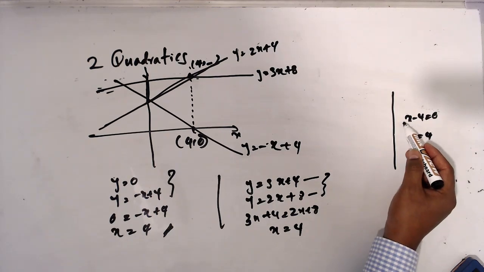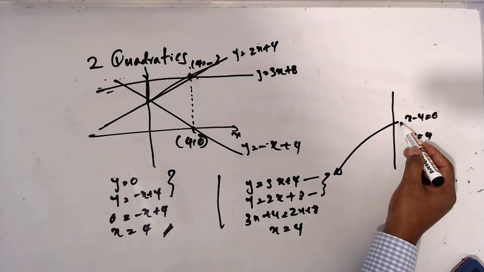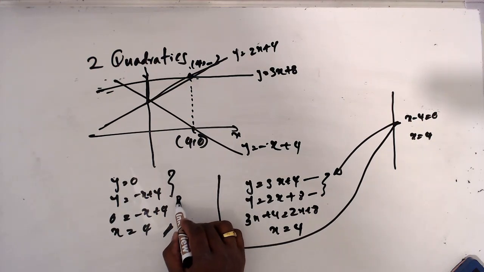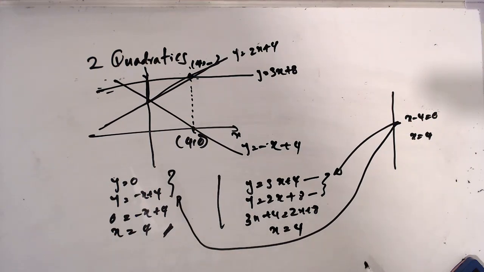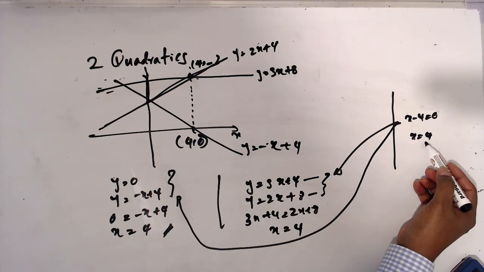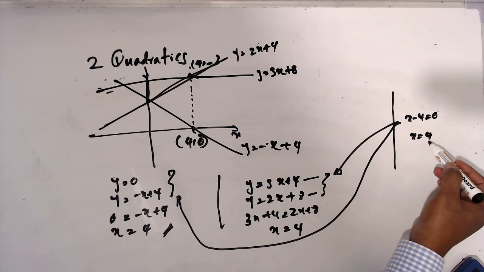Or you will get x equals 4 when you find the root of the equation y equals minus x plus 4. Now what is your conclusion? Your conclusion should be x equals 4.